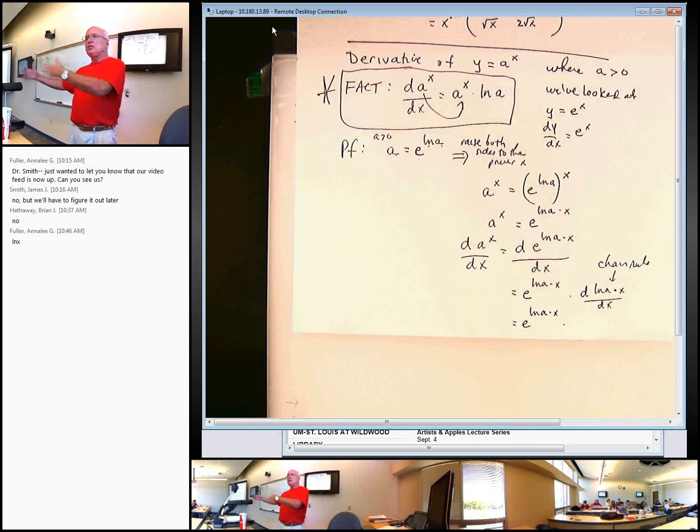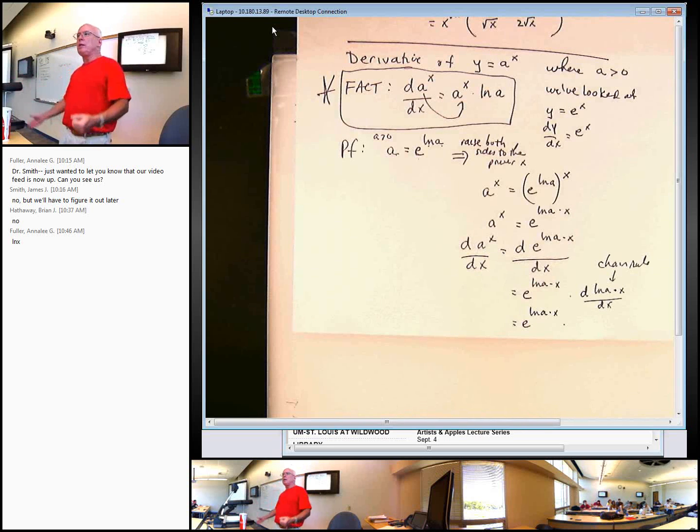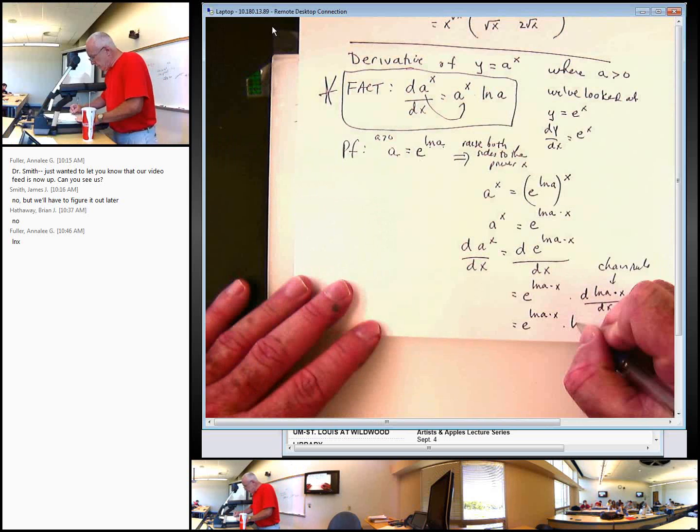So this ln of a is like a number of some kind. So the derivative of ln of a times x, we're just going to drop the x, and it's just going to be the number in front, which is the ln of a. Just the same thing as when you multiply any number by x. You just drop the x, and you just keep the number. So this is times the ln of a.